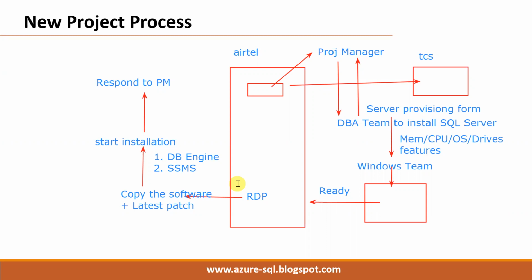One question: what is the role of the DB engine and SSMS? Already we know, right? The DB engine is nothing but our database server, which processes the queries, select commands, update commands. But SSMS is a tool through which we submit the queries.